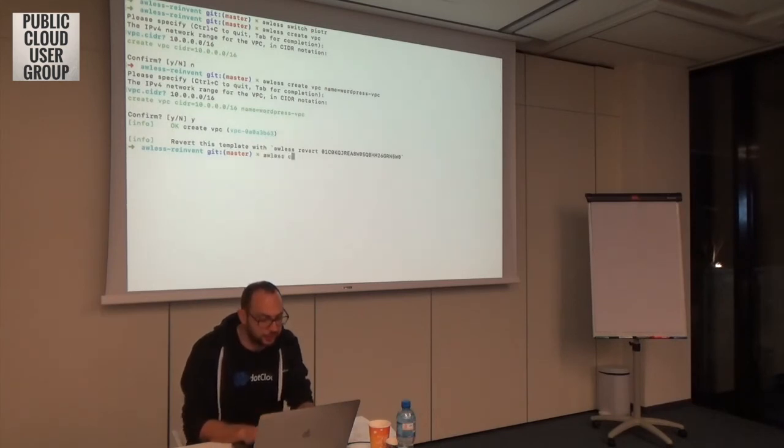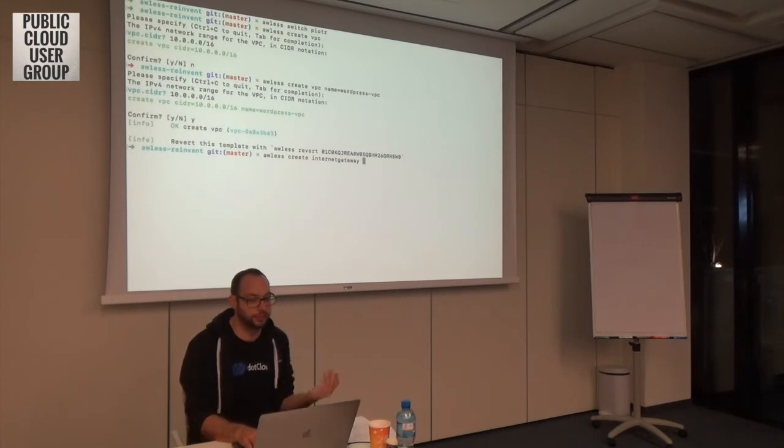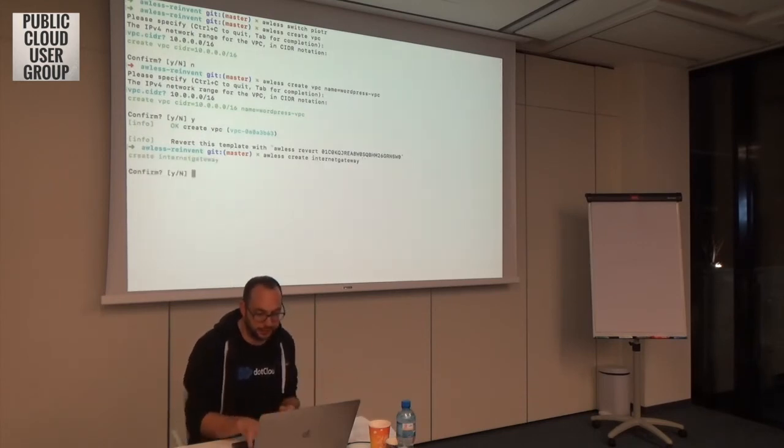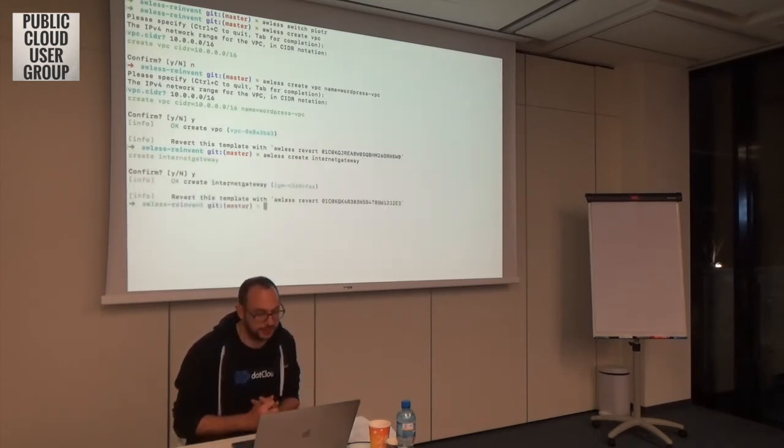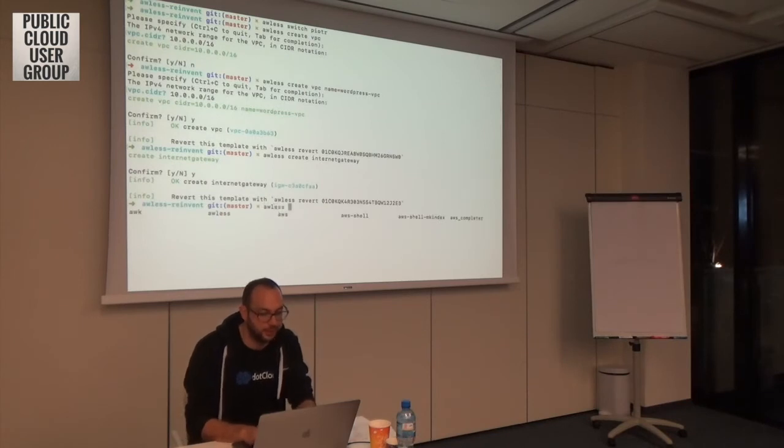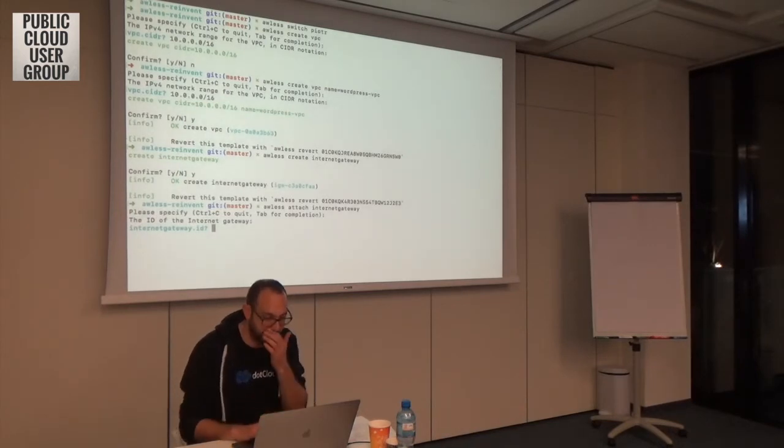So now I can create my internet gateway. I can also have auto-completion on that. And so yes, I'm creating that internet gateway, and right now I'm attaching my internet gateway, this is the ID which I want.